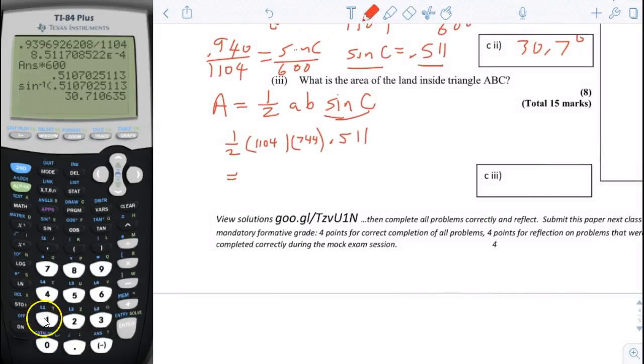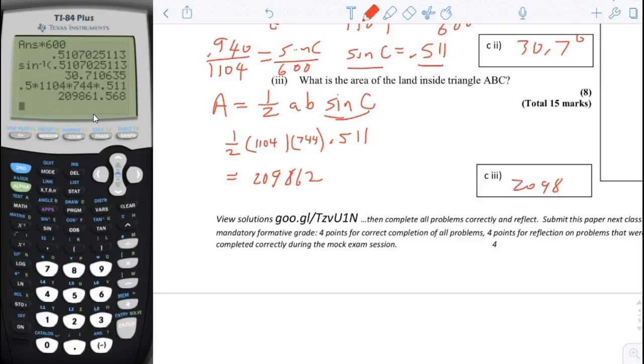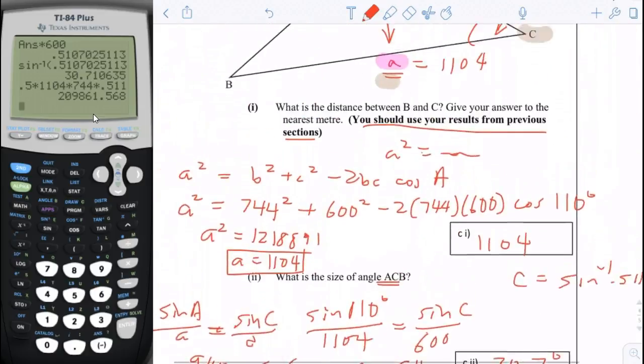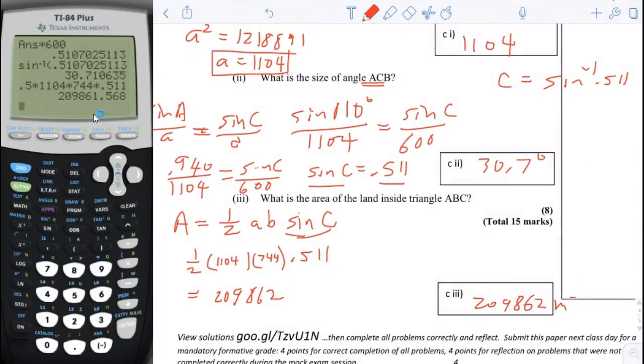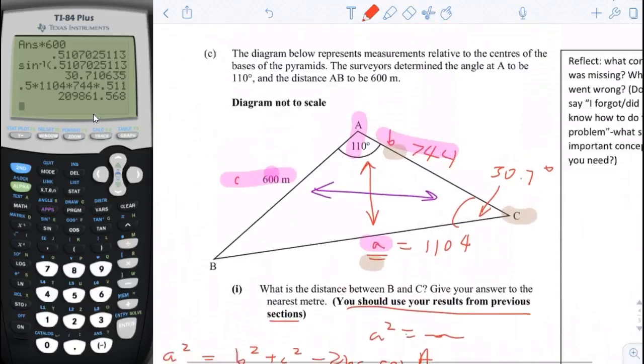Let's multiply it out. 0.5 times 1104 times 744 times 0.511. 209,862. Okay, so that is the area of land inside the triangle. I think everything is meters here, so this would also be like meters squared if you want to put the units, but you don't have to. Okay, and that is it.